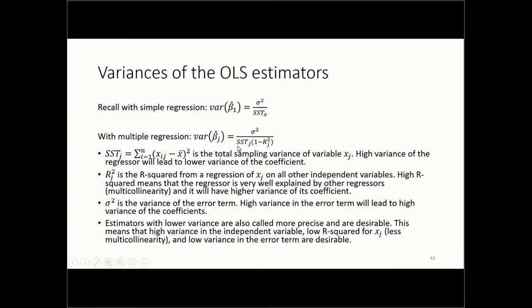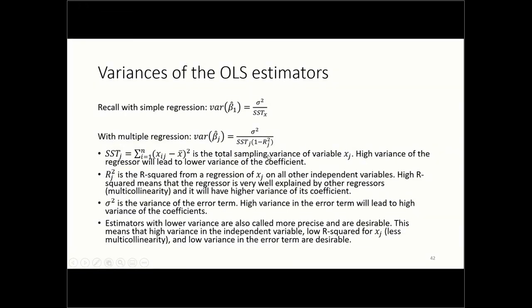The first term to explain here is SSTj, and that is basically the total sampling variation of the variable xj. So we have the variable xj minus the mean for xj. So this is basically the variance of the xj variable. High variance of the regressor would lead to lower variance of the coefficients.